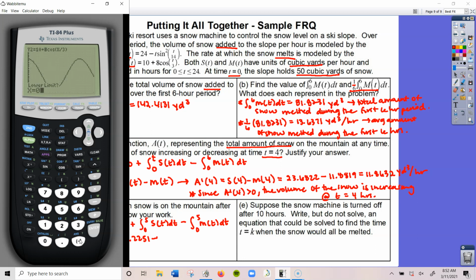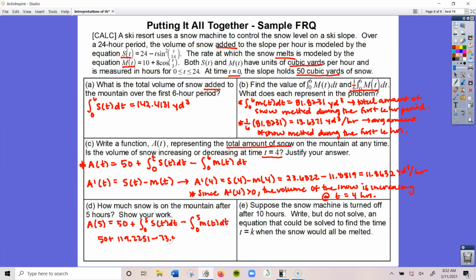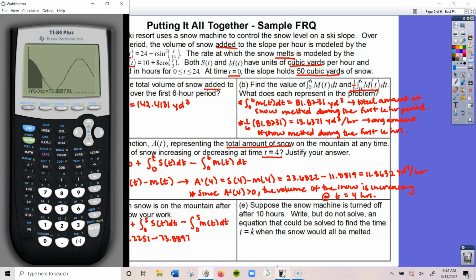So 0 to 5, which is 73.8897. So now we just gotta combine all of these numbers.